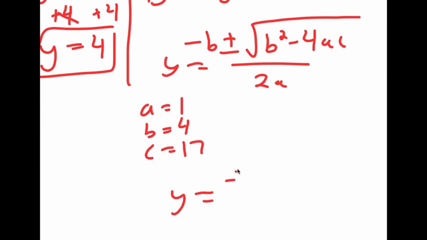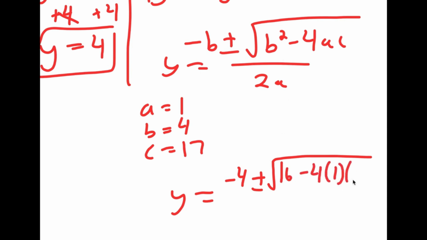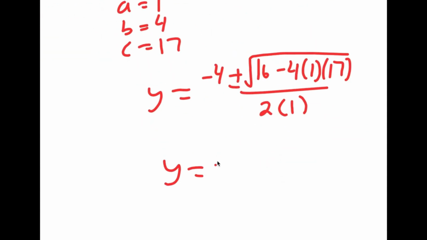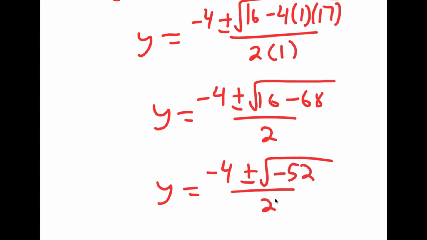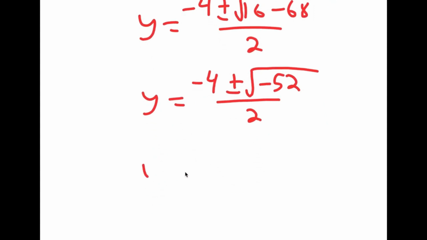So I get y is equal to negative 4 plus or minus the square root of 4 squared, which is 16, minus 4 times 1 times 17, all over 2a, so 2 times 1. This is equal to negative 4 plus or minus the square root of 16 minus 68 over 2, which is equal to negative 4 plus or minus the square root of negative 52 over 2.